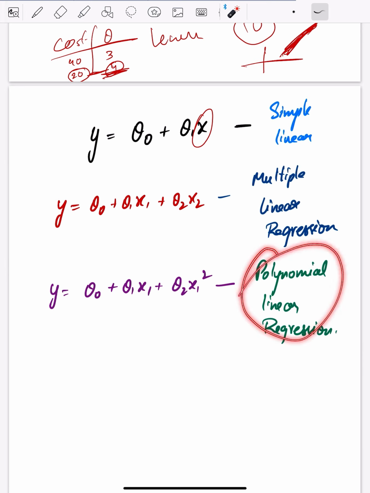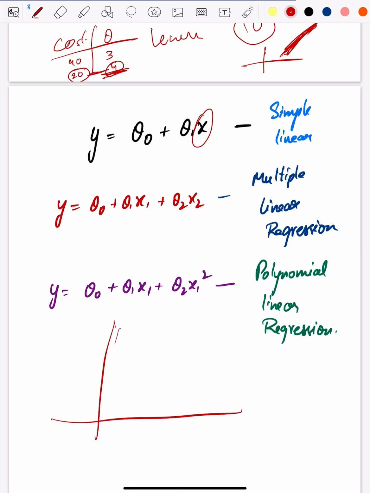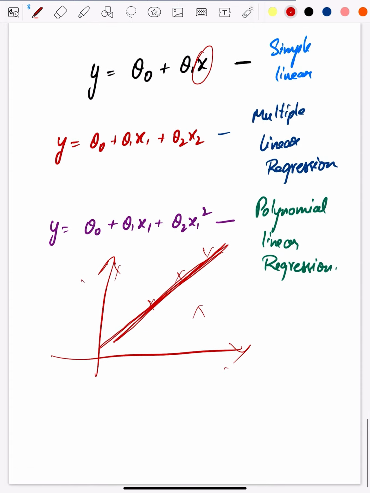And coming to polynomial linear regression, we have assumed that there was a linear, in the sense of straight line, relationship between the independent and dependent variables, right? Sometimes it's not like that. Sometimes the points are very scattered.